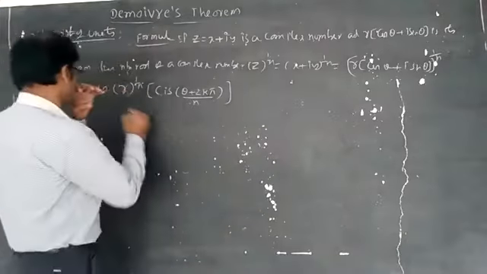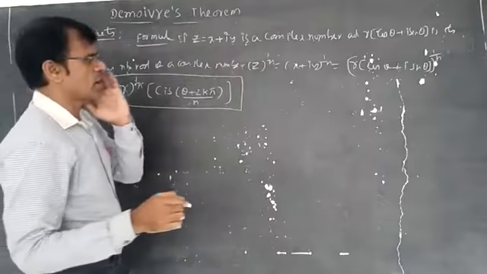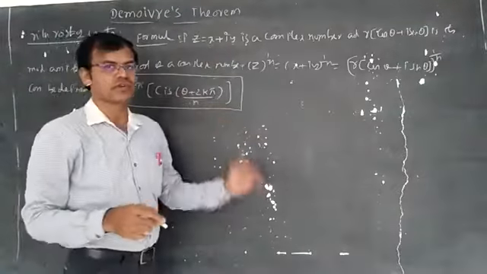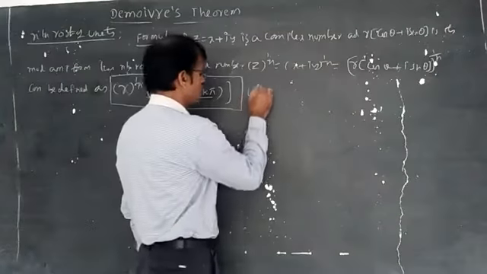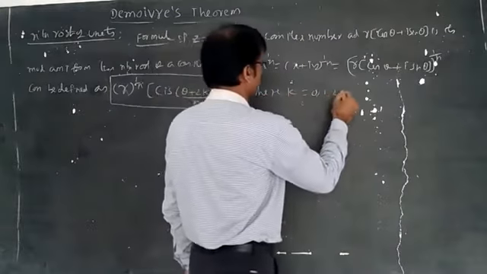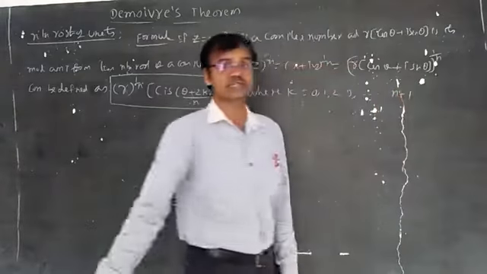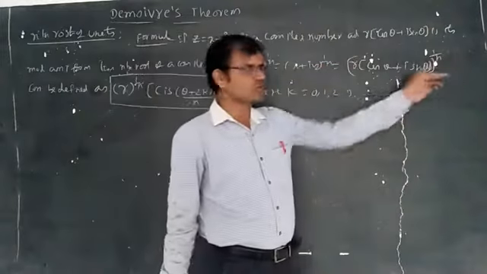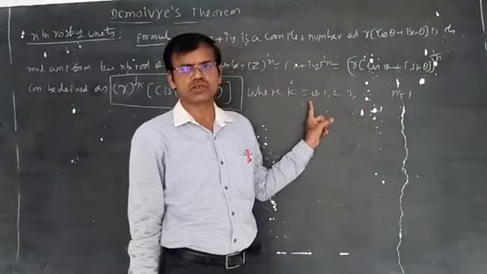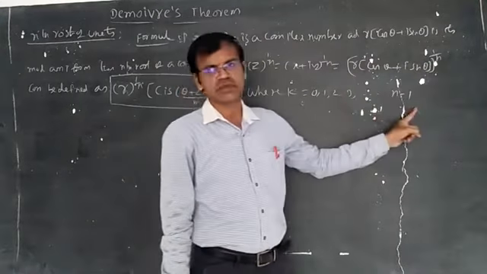Remember this as a formula. This is the definition: r power 1 by n cis of theta plus 2k pi by n, where k is equal to 0, 1, 2, 3, and so on up to n minus 1. Students, try to understand: here k starts with 0 and ends with n minus 1.